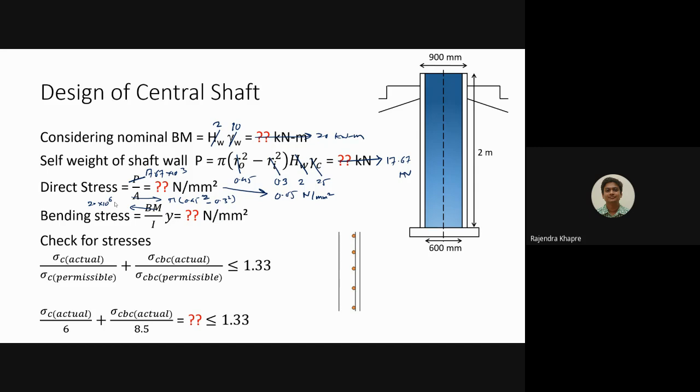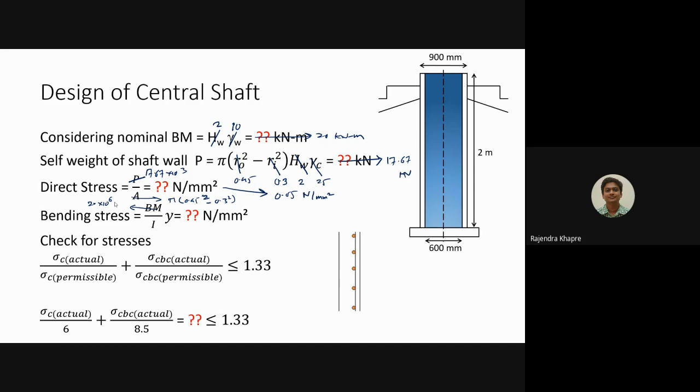So moment of inertia. What will be the moment of inertia? Pi by 64 into d to the power 4. This is for the circle, but we have two circles, one is outer and one is the inner one.